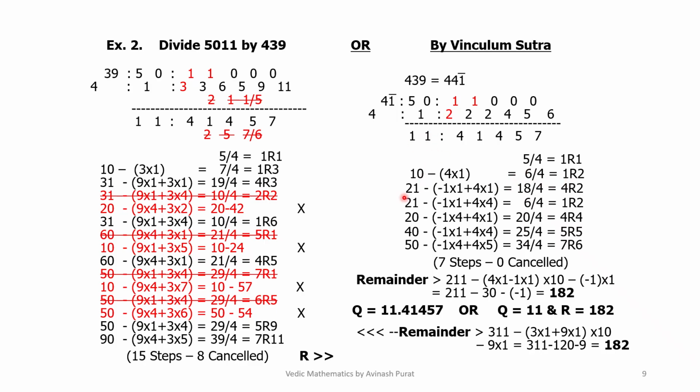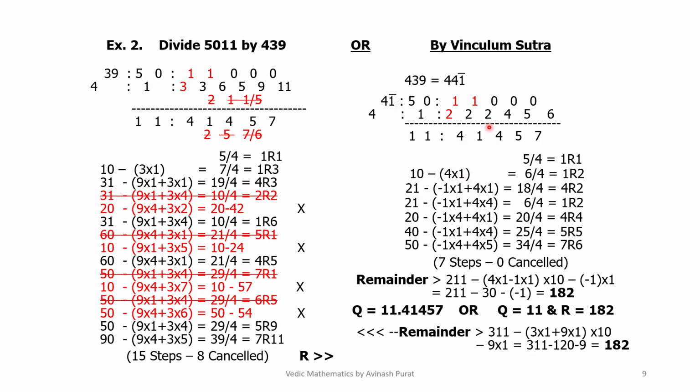remainder 2. Now 21 minus bar 1 into 1 and 4 into 1, that is 4 minus 1, 3. 21 minus 3 is 18. 18 by 4 equal to 4 quotient and 2 remainder.